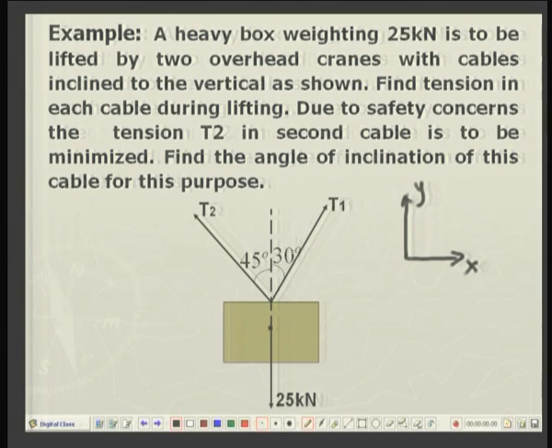If I resolve the components of T1, naturally it will be T1 cosine of 60 degrees in unit vector i plus T1 cosine of 30 degrees unit vector j. But for T2, the i component is in the negative x direction, and the j component is still vertically up. So, it will be T2 cosine of 45 in minus i unit vector plus T2 cosine of 45 degrees in plus j unit vector.